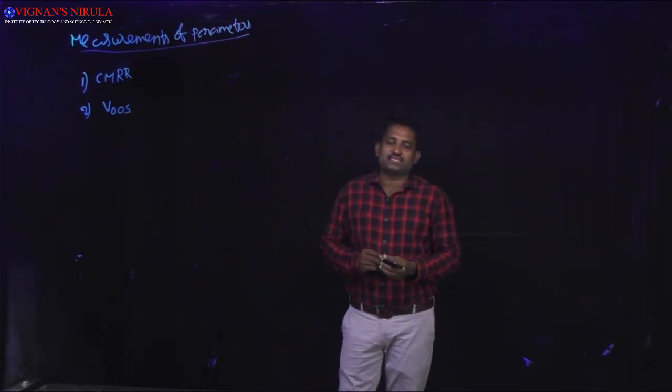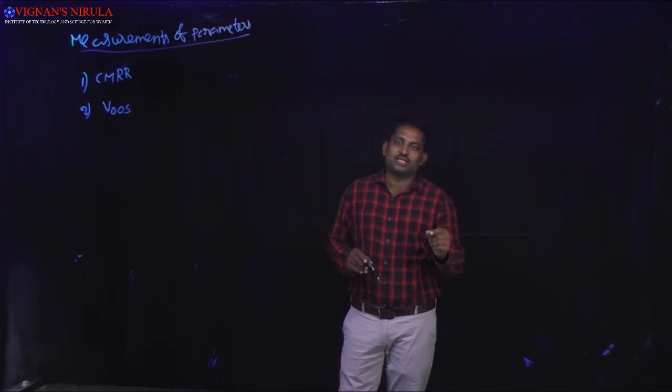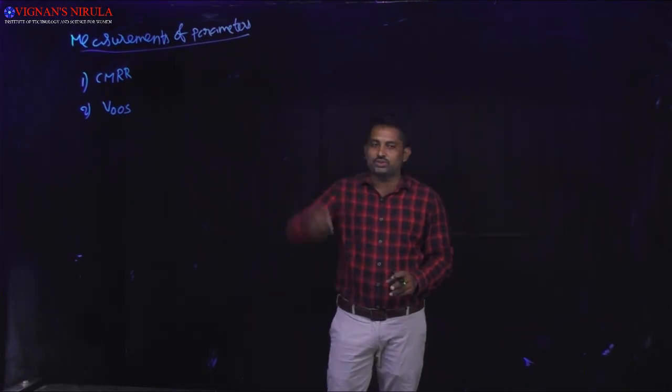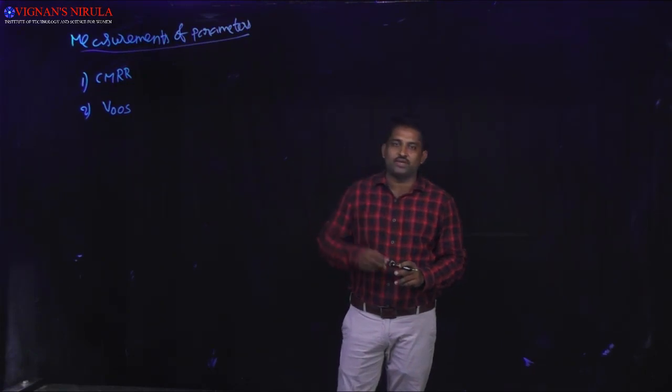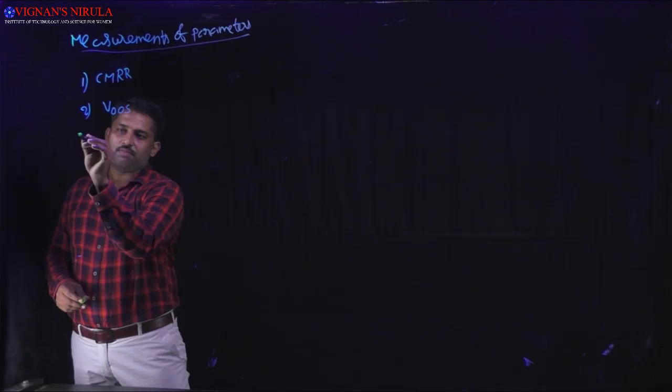In the previous class I discussed input offset voltage, input offset current, input bias current as well as PSRR. With these, the measurements of parameters topic is completed. Now I am going to explain CMRR.